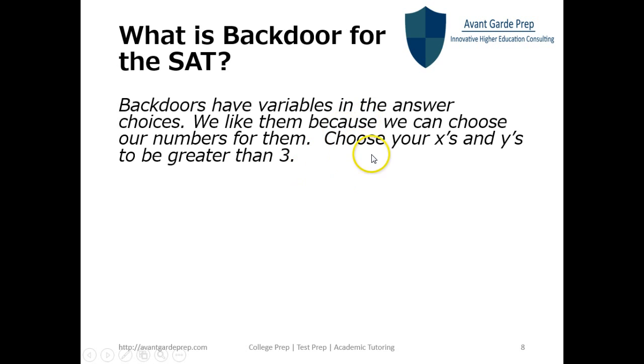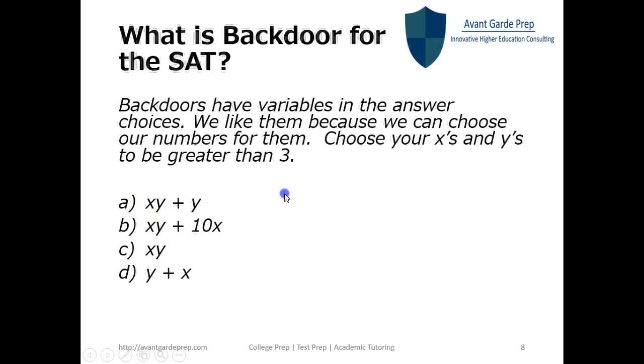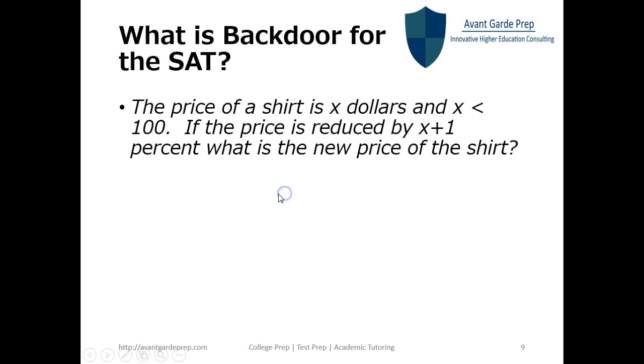When you're doing backdoor, you need to keep in mind that when you choose numbers for your x or your y, numbers like 0, 1, or 2 are typically ones that will give you an answer that's represented twice by the answer choices. So keep in mind, when you're thinking of numbers, choose 3 or greater. In this case, you would choose maybe 3 and 4 for x and y. And these are what the answer choices would look like.